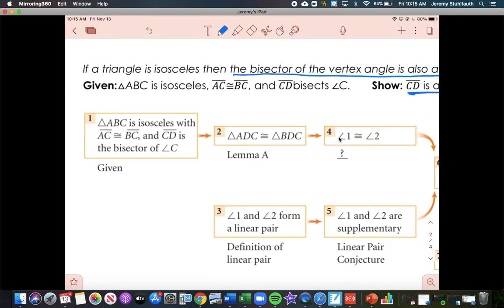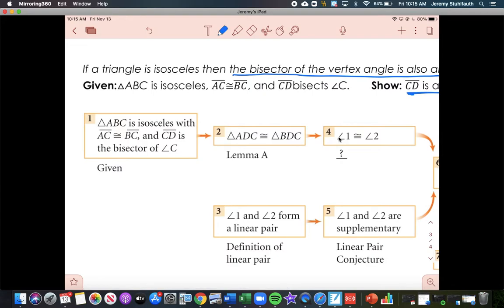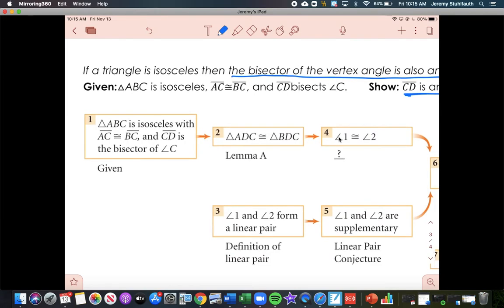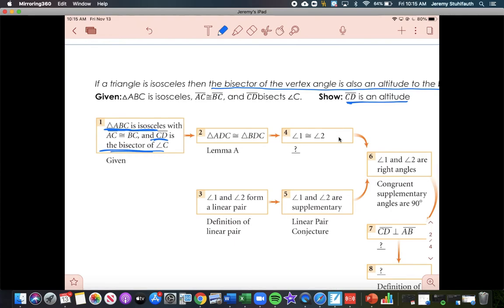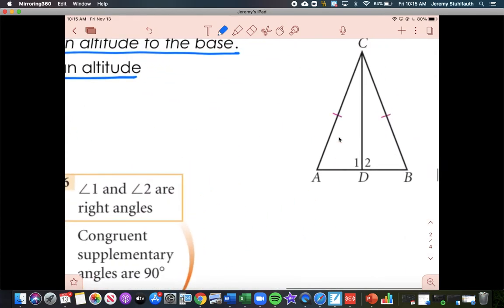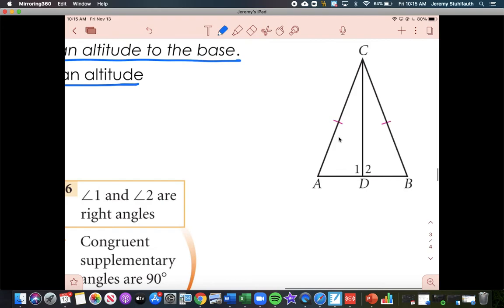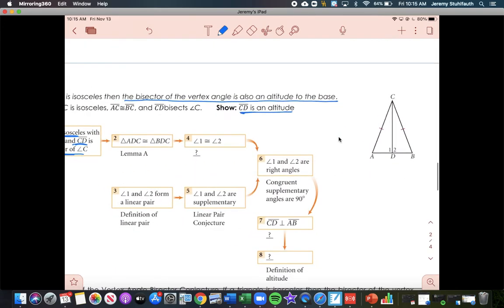Triangle ABC is isosceles with side AC congruent to BC, and CD is the bisector of angle C. That's given to us. Because we know that, we can use our lemma, where those two triangles that are created, ADC and BDC, are congruent.